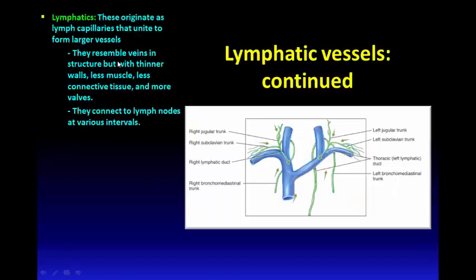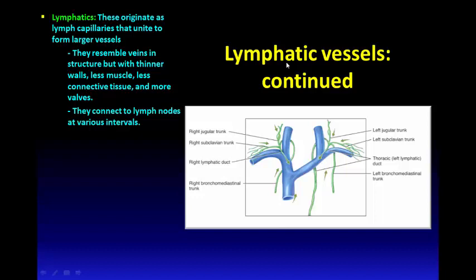The lymphatic capillaries join together to form larger lymphatic vessels which are known as lymphatics. These lymphatics resemble the veins in structure, but they have thinner walls and less smooth muscle cells and less connective tissue, and on the other hand they have more valves than veins.